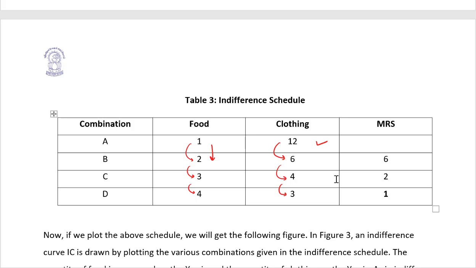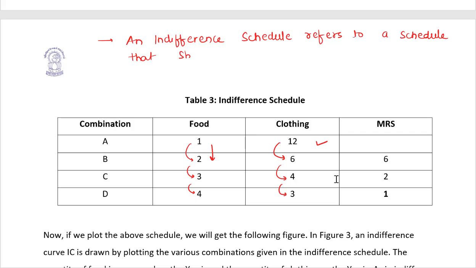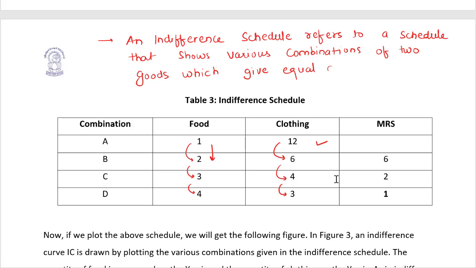But we should understand what is an indifference schedule. So please write: an indifference schedule refers to a schedule that shows various combinations of two goods which give equal amount of satisfaction.